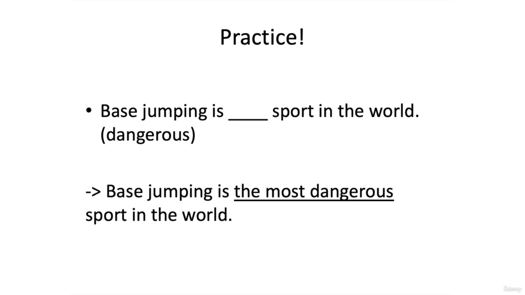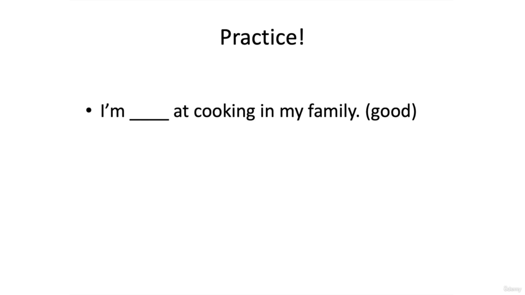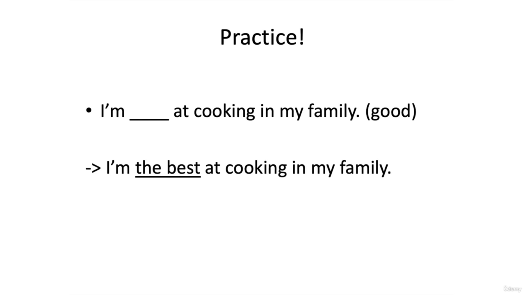Base jumping is the most dangerous sport in the world. I'm the best at cooking in my family. The adjective good is irregular, so to form the superlative, we use the best.